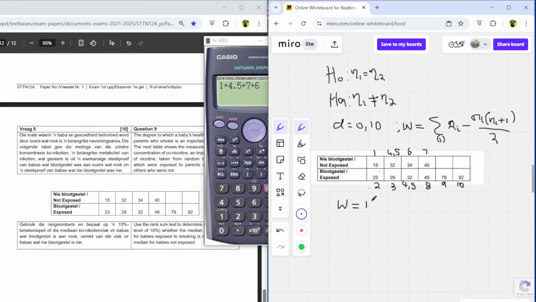So that is going to be 18.5 minus n1, which is 4, times 4 plus 1, which is 5, over 2.